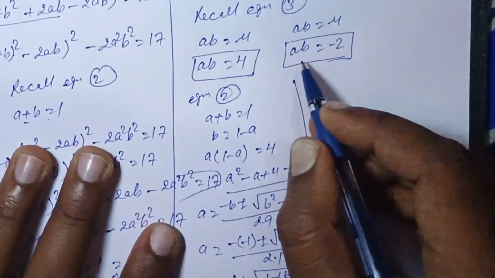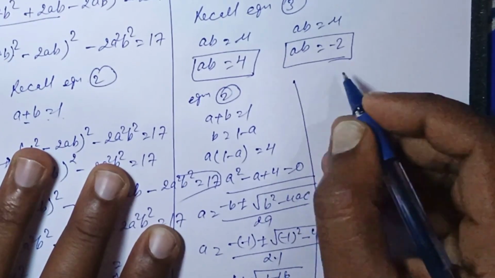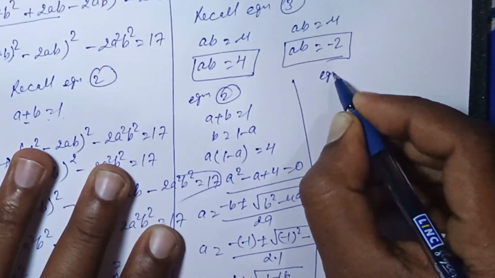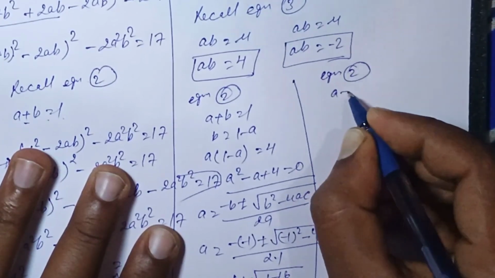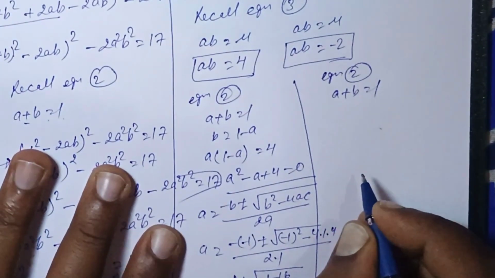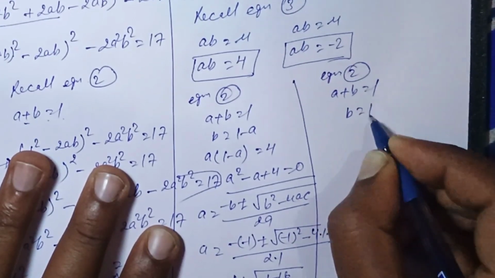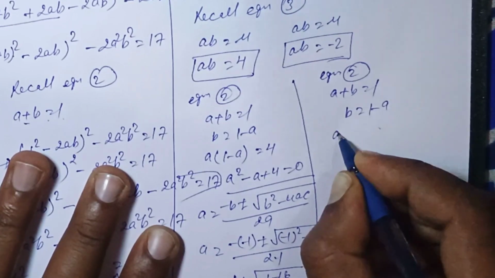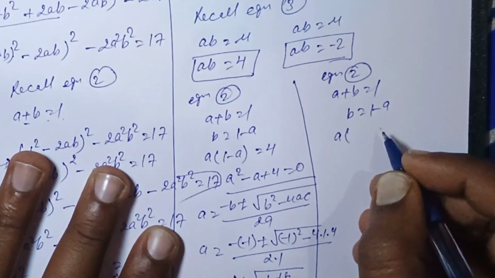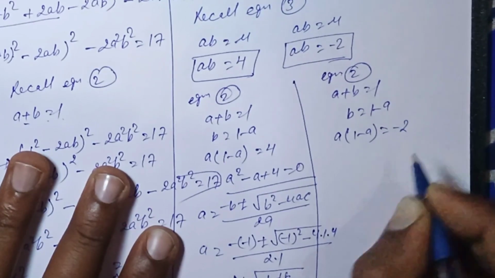Here ab is equal to minus 2. Therefore, from equation number 2, see here: a plus b is equal to 1. Therefore b is equal to 1 minus a. Therefore a into (1 minus a) is equal to minus 2.